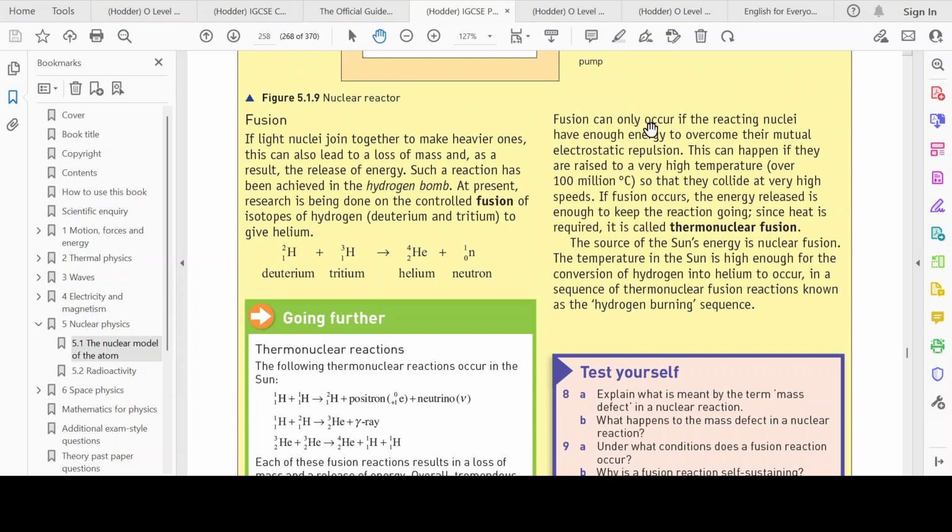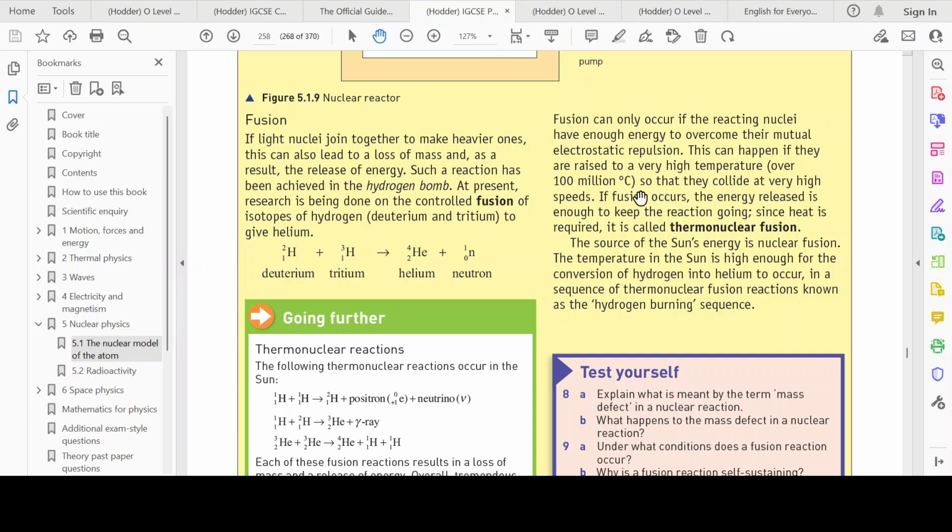So fusion can only occur if the reacting nuclei have enough energy to overcome their mutual electrostatic repulsion. Because the nuclei have positive charges, they're not going to come together easily. So only if they have enough energy to do that. And so it's done at very high temperature, over 100 million degrees centigrade, which is not something you're going to get on Earth.